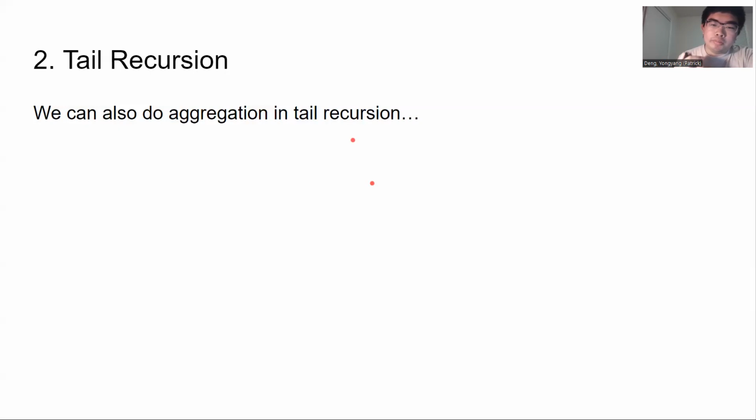So aggregation means that you have many pieces, and then you add the pieces up together to make it look like the glass before it was broken. This is called aggregation. We can also do aggregation in tail recursion, although we don't do aggregation after the function call.